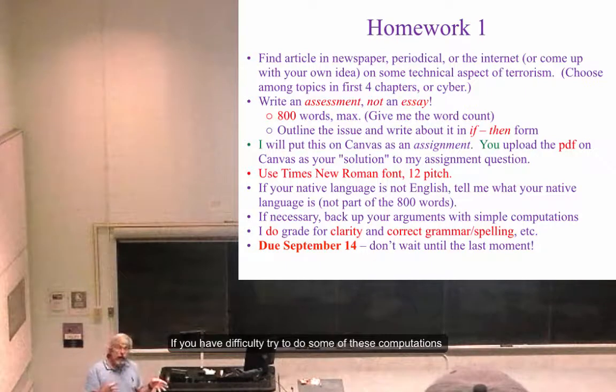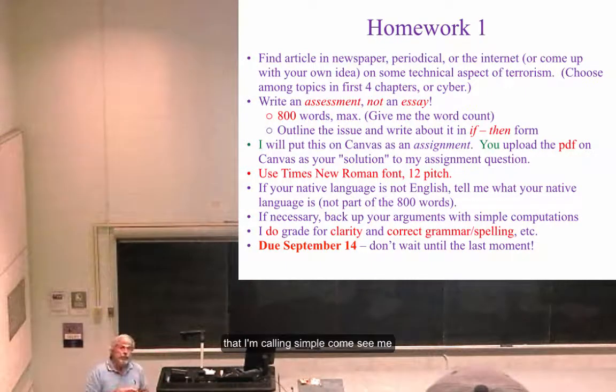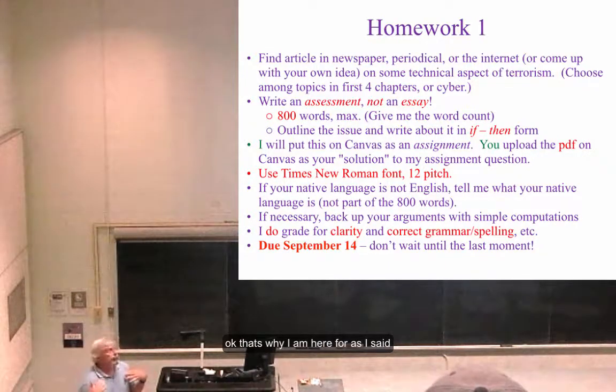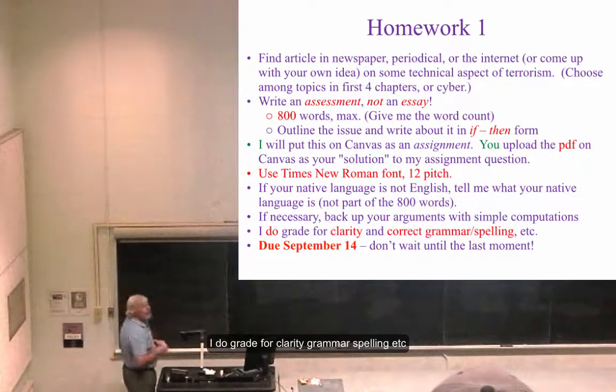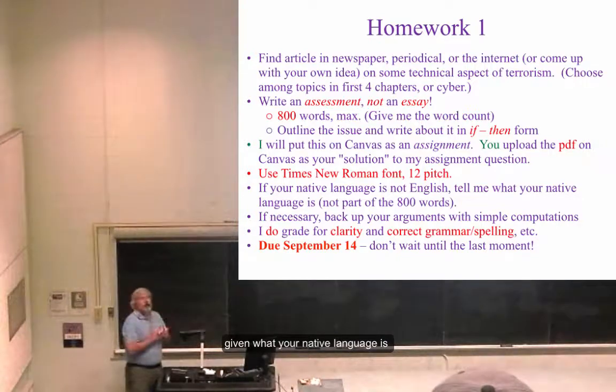So if you have difficulty trying to do some of these computations, which I'm calling simple, come see me. I'll help you out. Okay, that's what I'm here for. As I said, I do grade for clarity, grammar, spelling, etc., taking into account what your native language is.